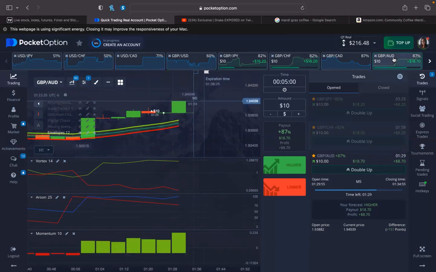This one has some very nice movement on it. It's up 156 points.